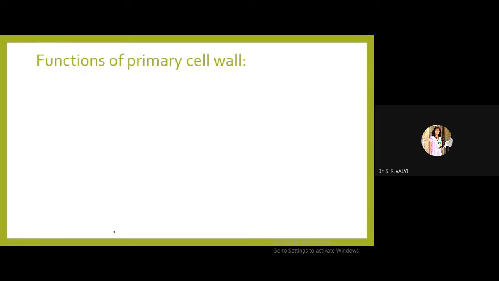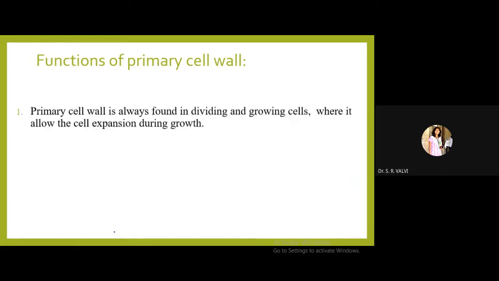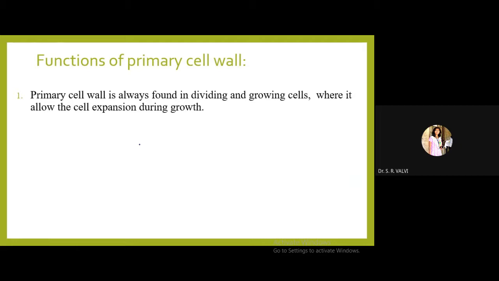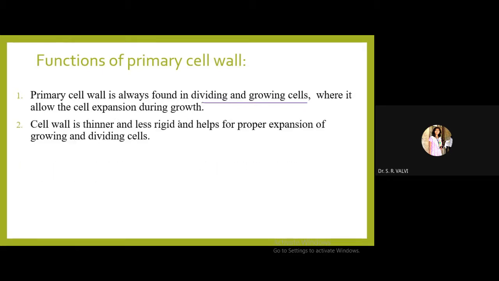Now altogether we have to see these functions of the primary cell wall. The primary cell wall is always found in dividing and growing cells, where it allows cell expansion during growth. It is also thinner and less rigid, and helps for proper expansion of growing and dividing cells.